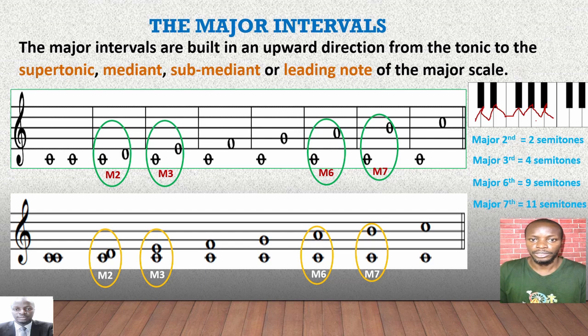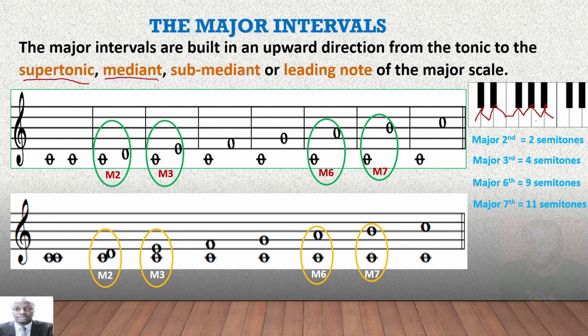Now, most importantly, remember, like I said, major intervals exist in all those pitches between the tonic and the supertonic of a major scale, or between the tonic and the mediant, that's Do, Mi, or tonic to the submediant, Do and La, or from the tonic to the leading note, Do, Ti, all of a major scale, right?